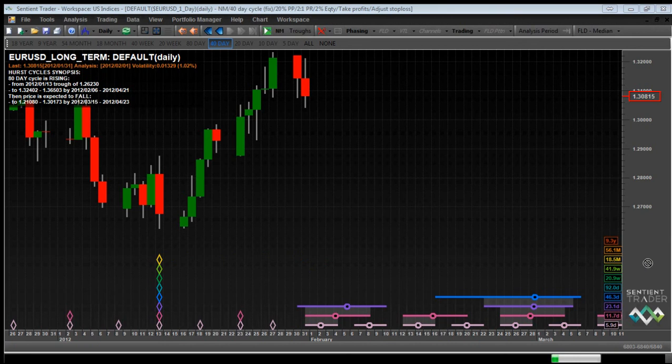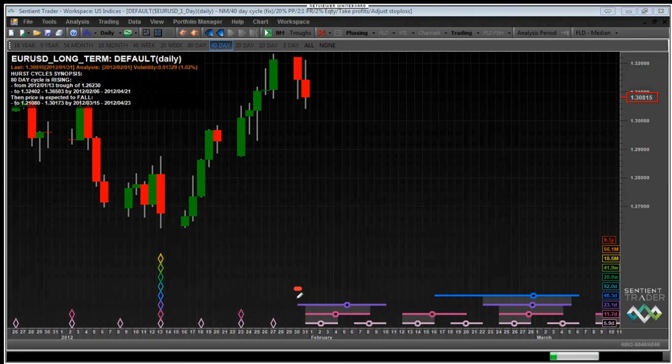And the 20-day cycle trough we would expect any time now, as you can see from the circle and whiskers at the bottom of the chart. It was expected anytime from Monday right up until the 9th or 10th of February. And the exact date at which it is expected is the 5th of February.